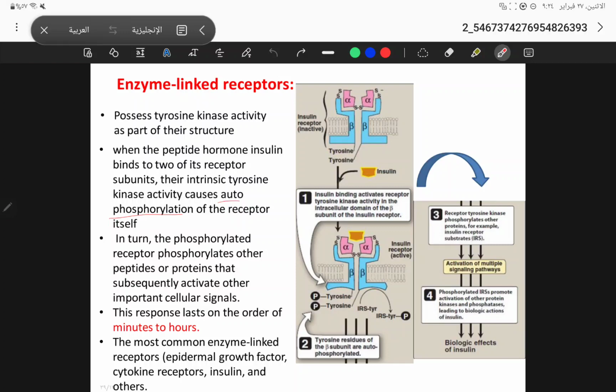The tyrosine of the receptor's phosphorylated form will phosphorylate insulin receptor substrate, and I will get different effects of insulin: increased glucose uptake by the cell, increased gluconeogenesis, increased glycolysis, generation of phospholipids, وهكذا different actions of insulin inside the cell.